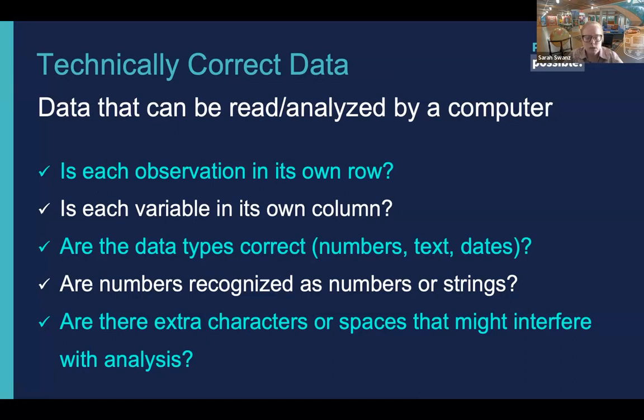Zip codes might look like numbers, but since they're not meant to be added or subtracted or have mathematical functions performed on them, maybe they're better off being represented as text. Are there any extra characters or spaces that might interfere with analysis? So this goes back to our file naming convention. The data cleaning workshop next week will talk more about getting your data in shape to be technically correct data.